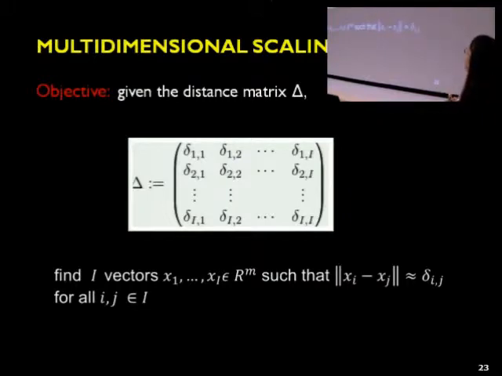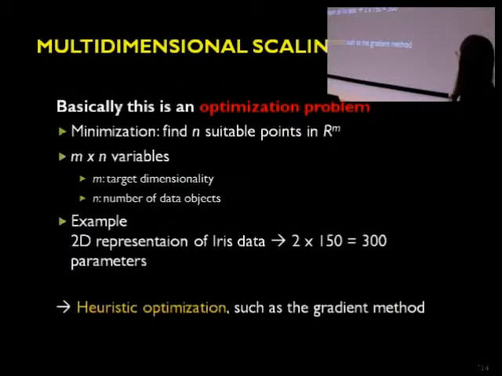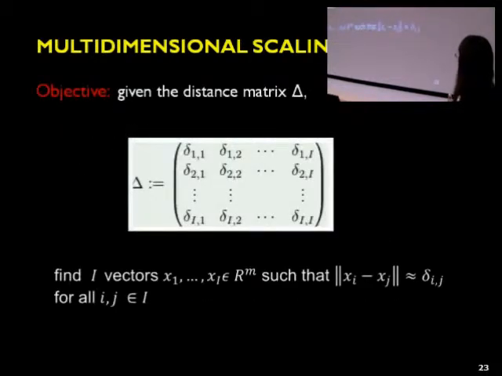So you give a distance matrix like this, and you try to find a vector in which the distance between two objects is very close to the original distance in the data space.